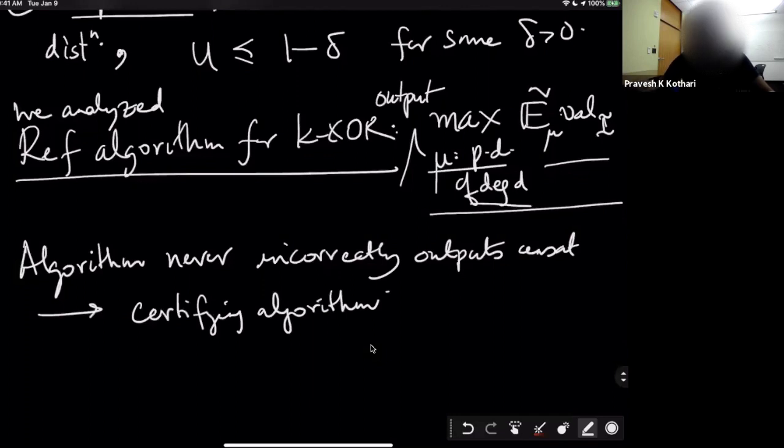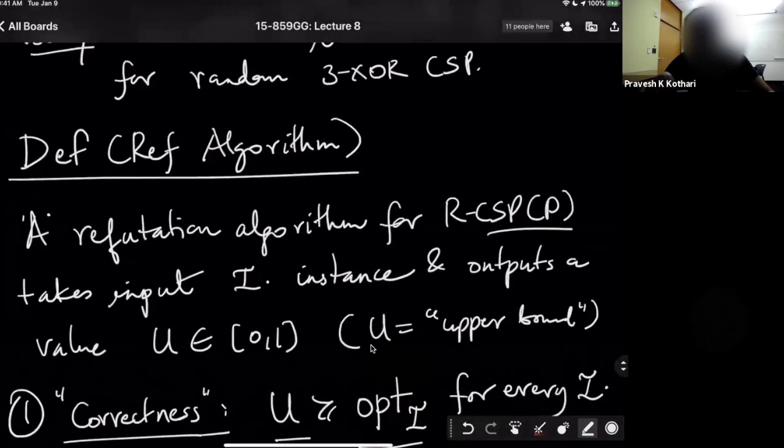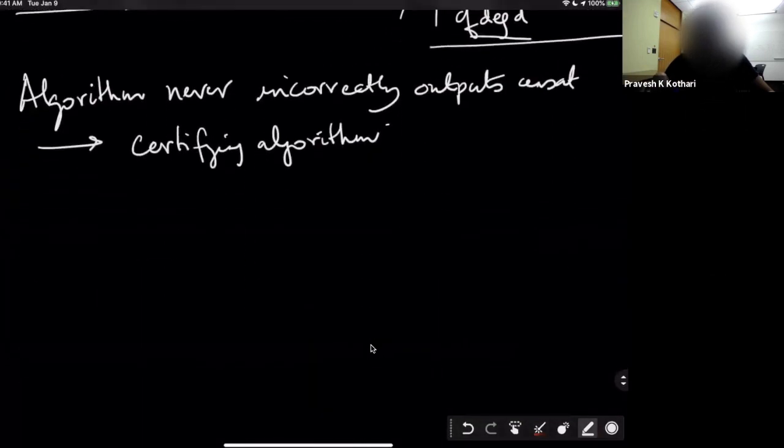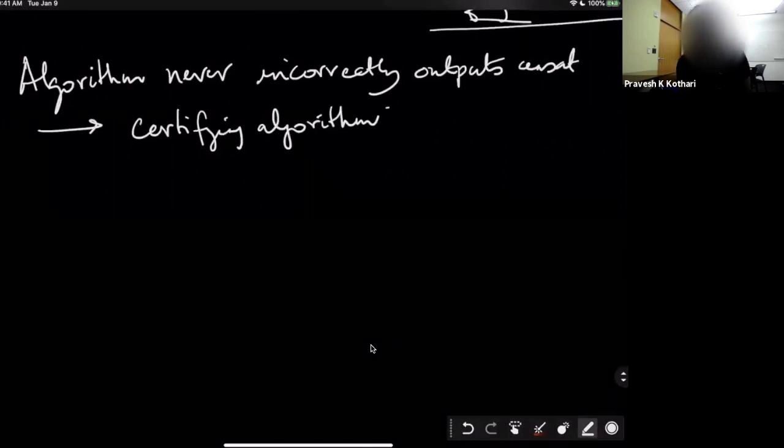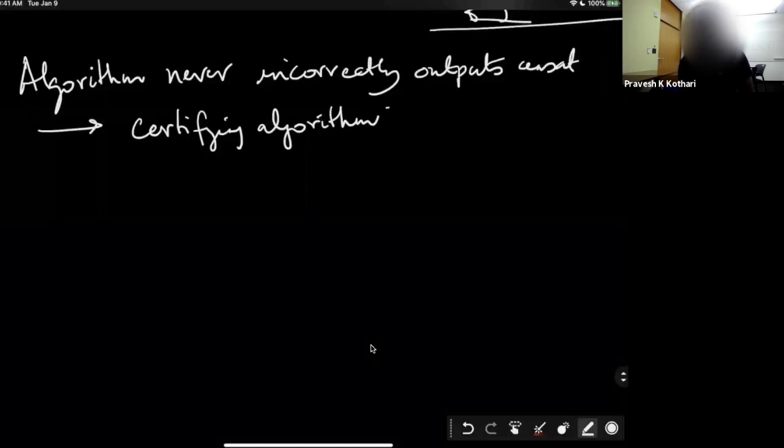Okay, very good. So why am I telling you about all of this? The reason is that the history of this whole thing is kind of reversed. People didn't hunt for sum of squares certificates of unsatisfiability for 3XOR at first. They actually tried to solve the question of constructing efficient refutation algorithms at first.